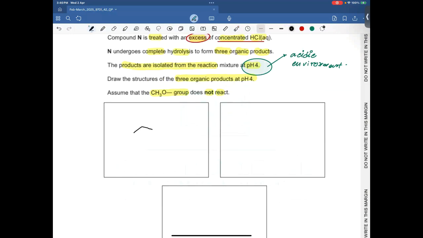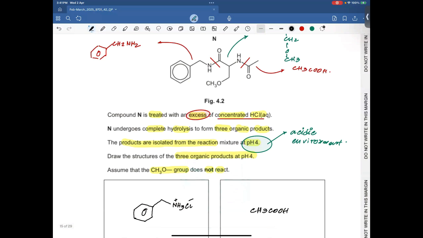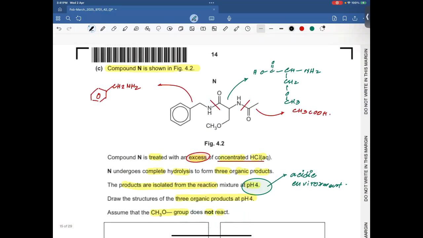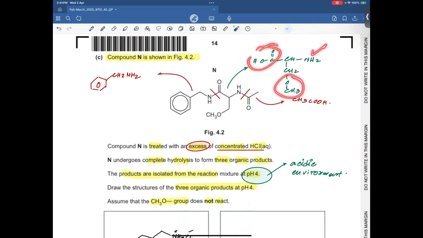salt. And obviously, the structural formula is given in a skeletal form, so I will write the skeletal structure. NH3 plus, Cl minus. CH3 COOH will remain as it is because carboxylic acid and acid cannot react together. And obviously this compound has no effect on acidic condition, but it will accept proton and will turn to an ammonium salt.